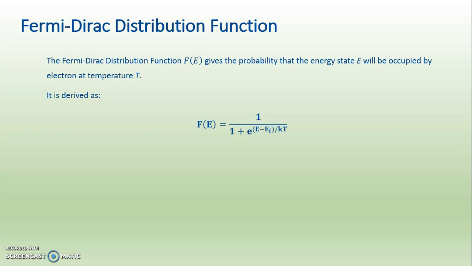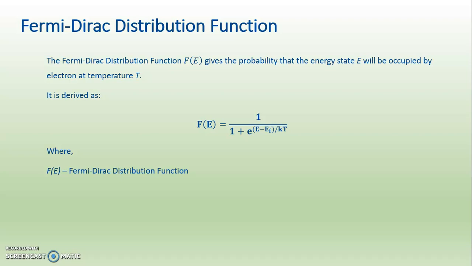Now we'll see the meaning of each term or symbol in this equation. Here f of E is the Fermi-Dirac distribution function. Sometimes it is also known as the Fermi-Dirac probability distribution function.